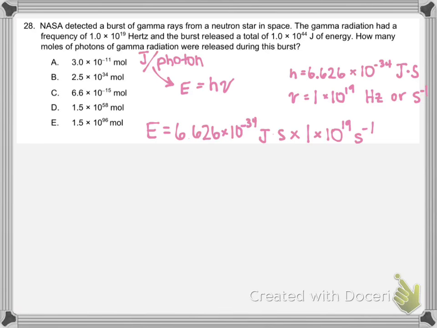I prefer to write seconds to the minus 1 instead of hertz, just because then I can see how my units cancel. And so my energy for one photon is going to be 6.626 times 10 to the 15th joules per photon.